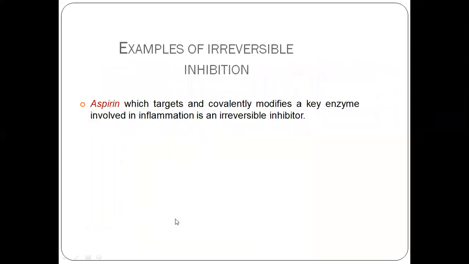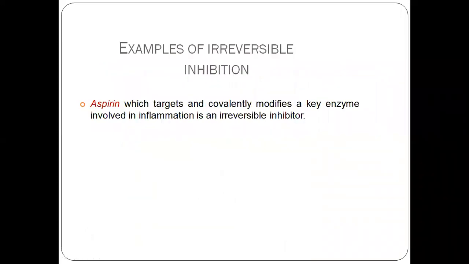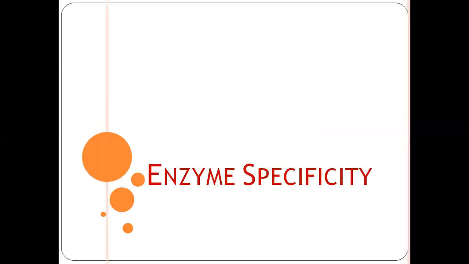The only way to get back this enzyme is to degrade this enzyme inhibitor complex and then synthesize another molecule of the enzyme. An example is aspirin. Aspirin is an inhibitor which targets and covalently binds with an enzyme's active site.